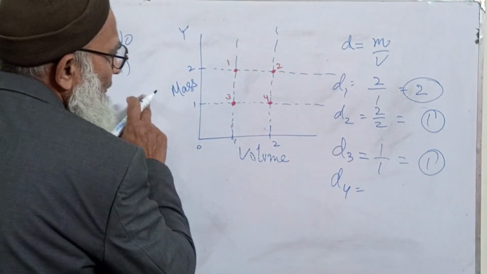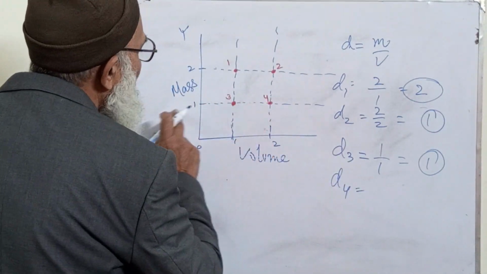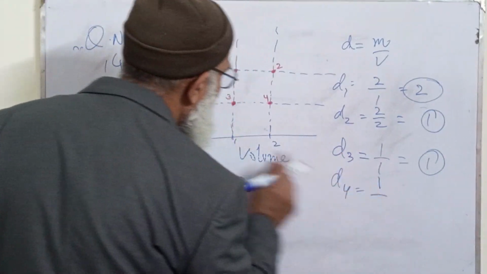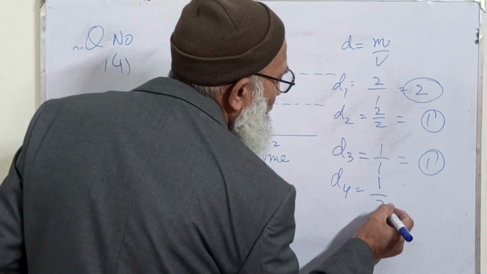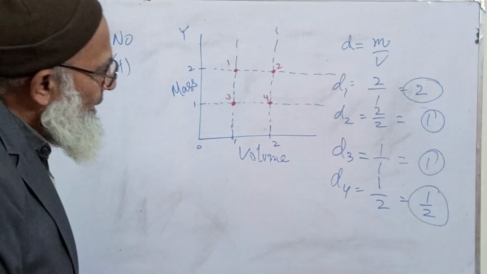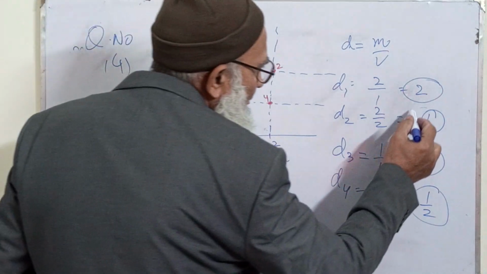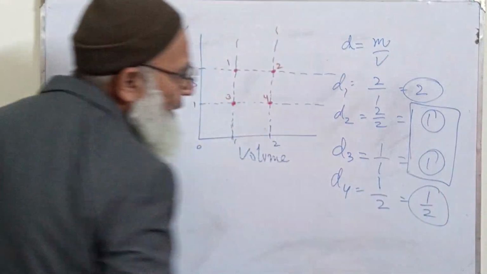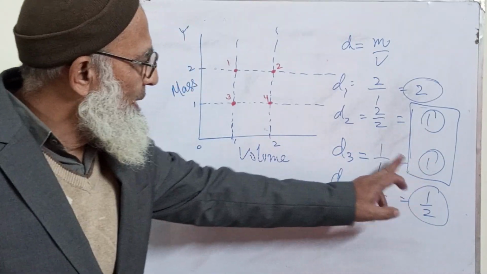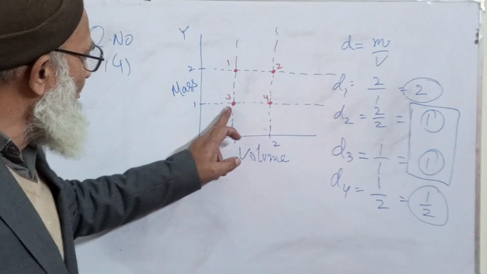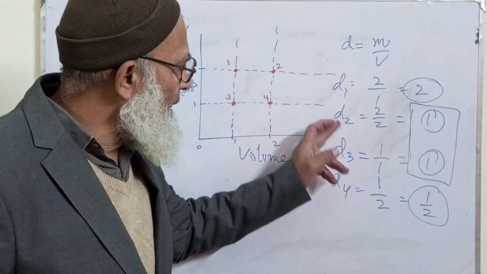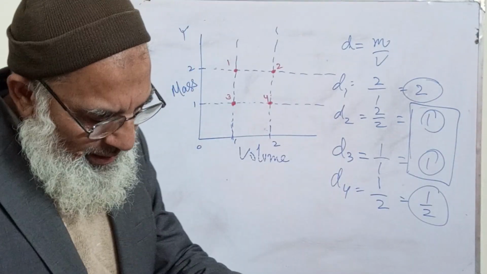Mass is, where is mass? D4. This is 1. Mass is 1 and volume is 2. It is half. Now you see that D2 and D3 have the same density.